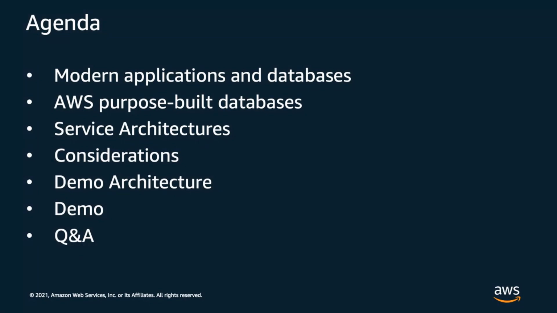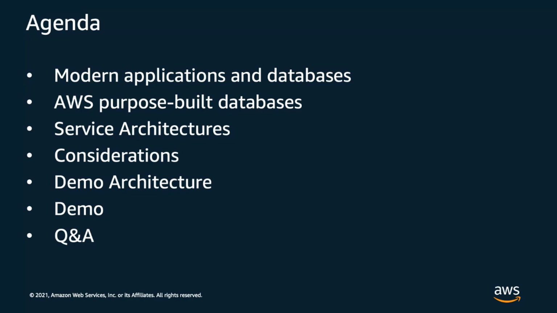But we'll start off talking about what our discussion is going to be about today. We're going to dive deep into modern applications and databases, describing how the development landscape has changed to really focus on choosing the right tool for the right job, a theme that's going to come up a lot. After that, we'll jump into purpose-built databases on AWS and then go into the architecture of both Amazon ElastiCache and Amazon DocumentDB.